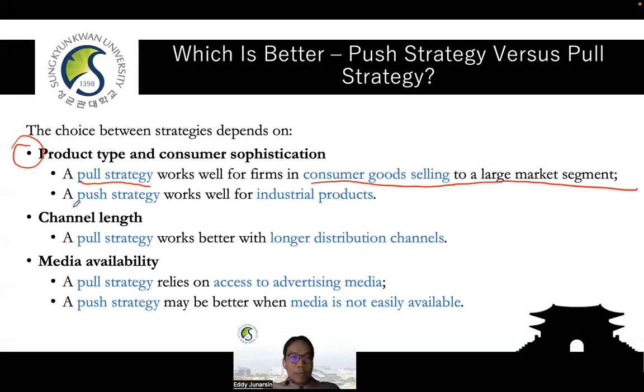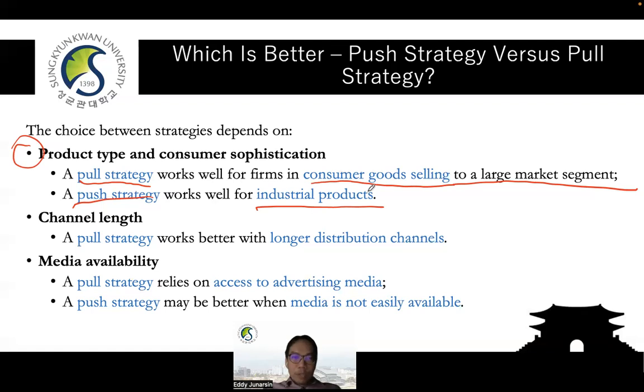But push strategy might be more appropriate for industrial products, for industries with very specific products, certain materials. For example, material engineering that produces very light materials for electronic devices, for vehicles and other things.